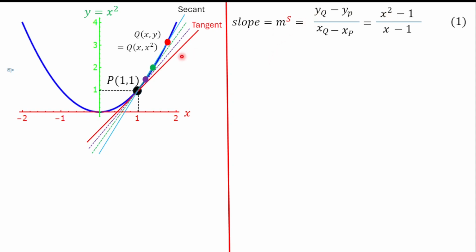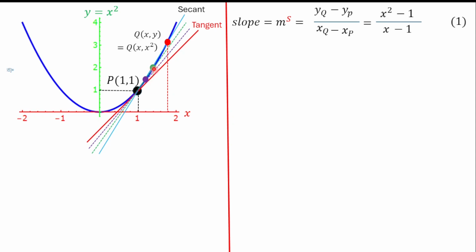Now let us see what happens to the value of x when we shift point Q toward point P. If I take the x coordinate of this red point, it touches the x-axis at this position, which is a bit far away from point 1.